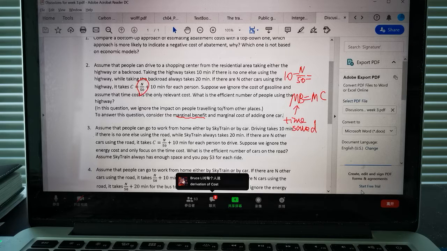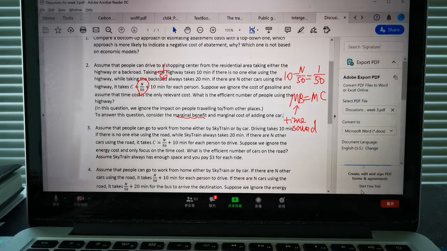If you are following my screen share, you can see my notations there. That is for each of the existing cars, right? Now it takes 1/50 more minutes.